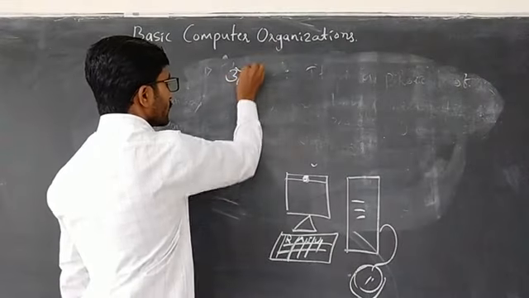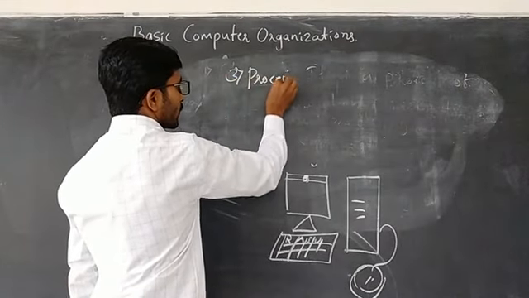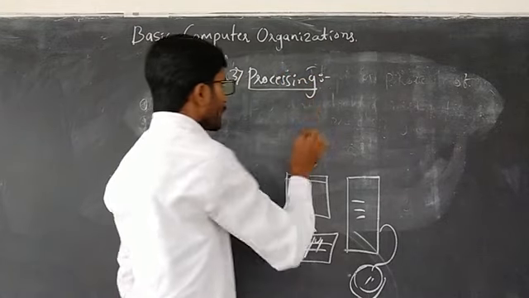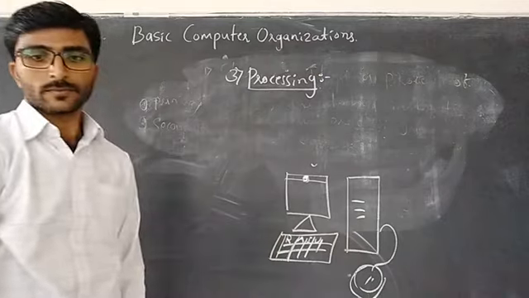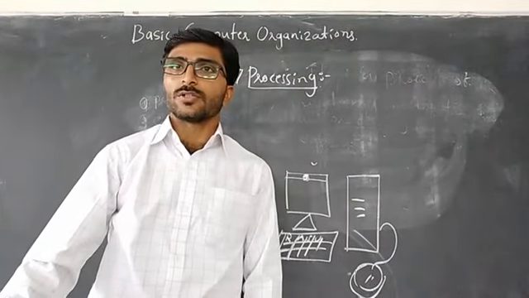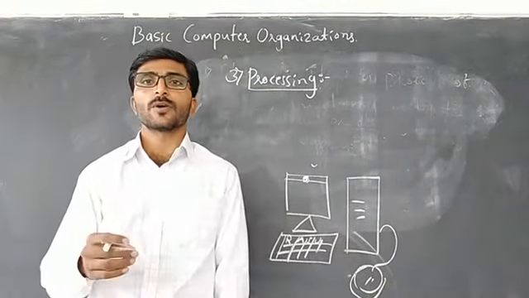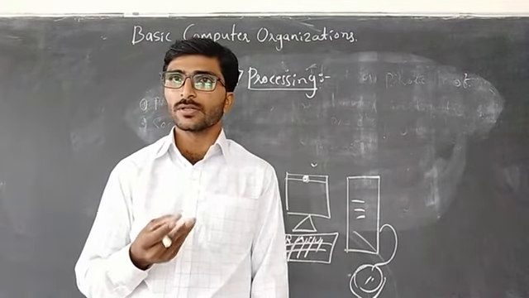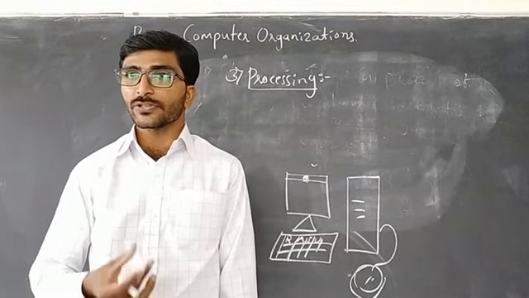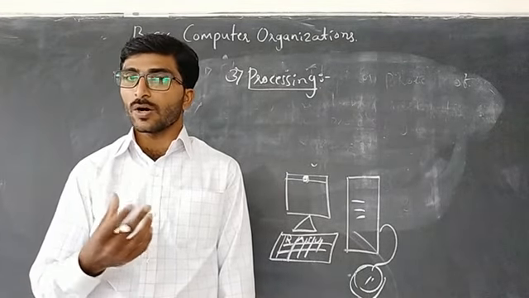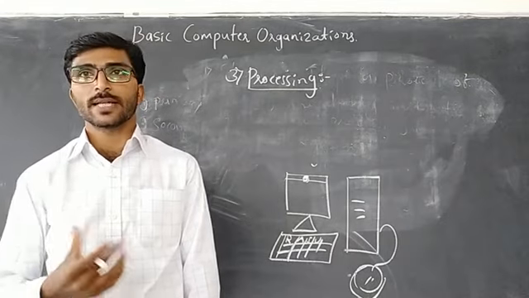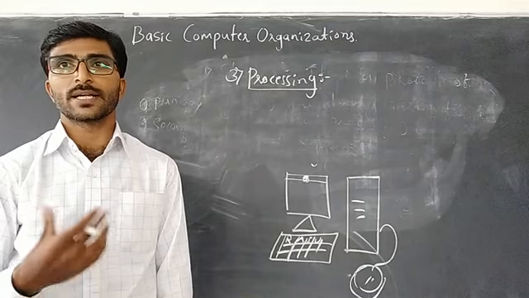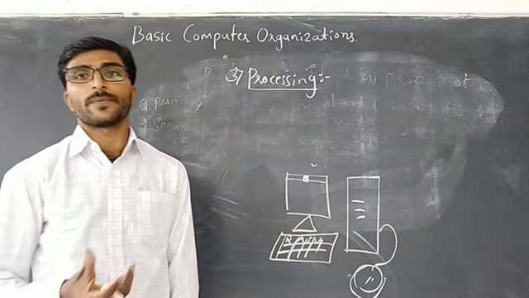What do you know about processing? Processing means performing arithmetic operations like addition, subtraction, multiplication, division, or any logical operations like comparison, equal to, less than, greater than, on data.